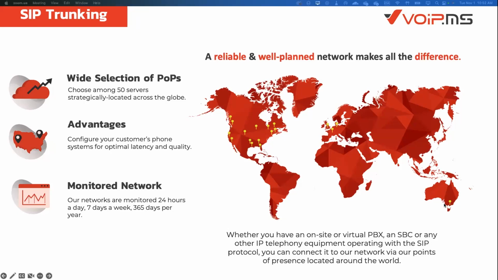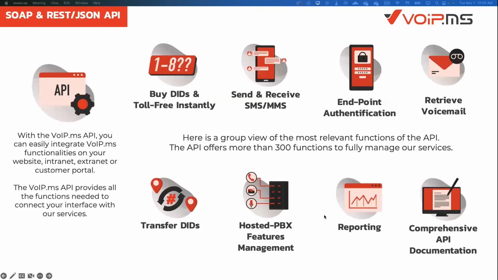That allows you to connect your endpoint directly to these points of presence to reduce latency, jitter, and all sorts of networking requirements to have a better VoIP experience. Our network is monitored 24/7 all year long. We have a team that is there at any moment to make sure that everything is up and running.